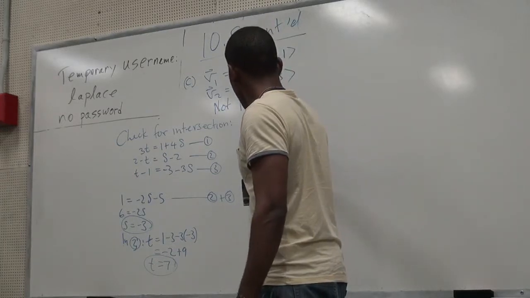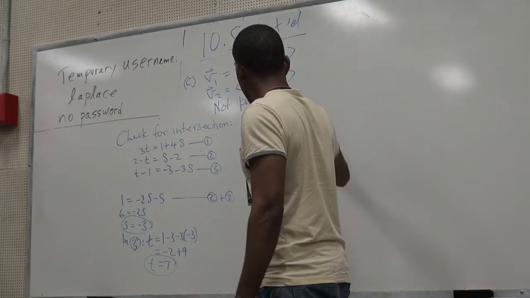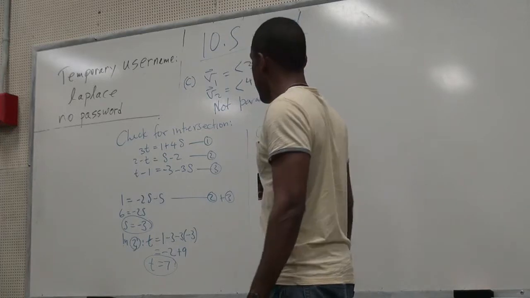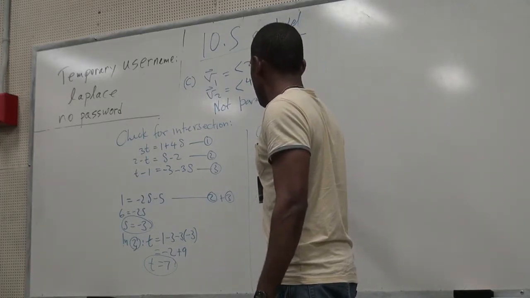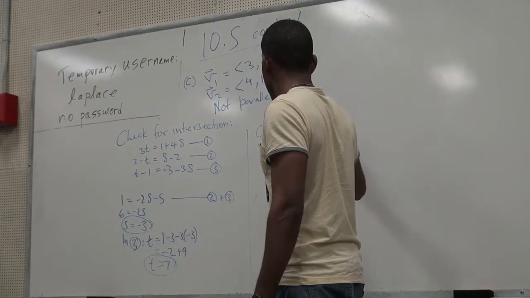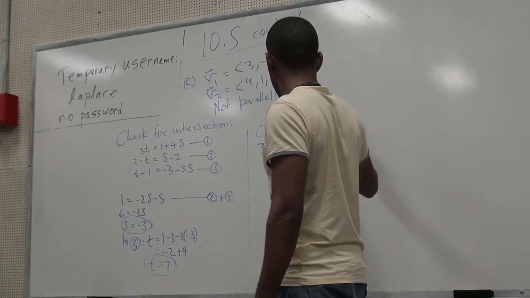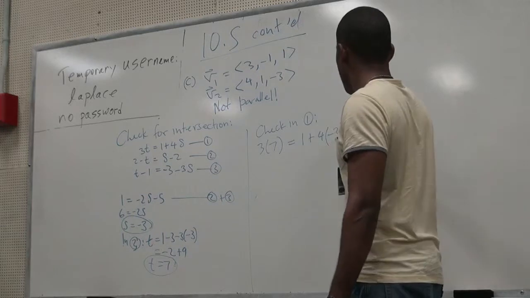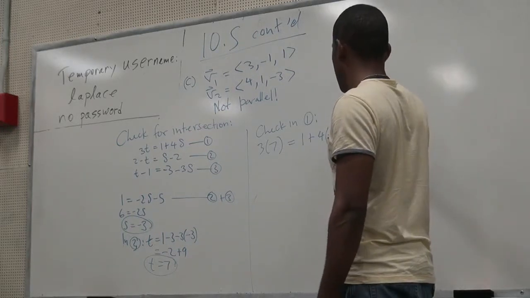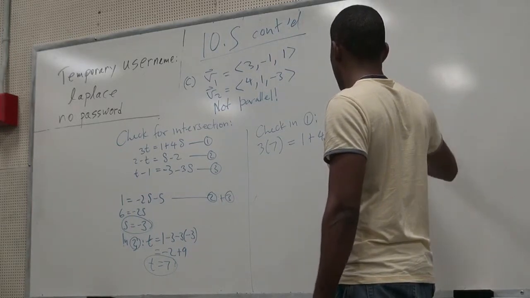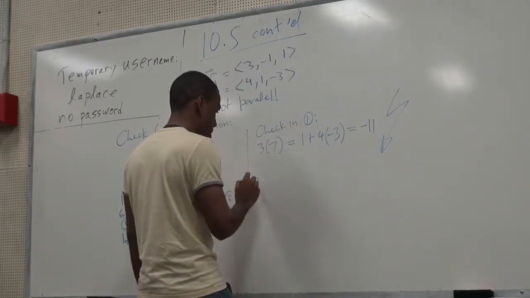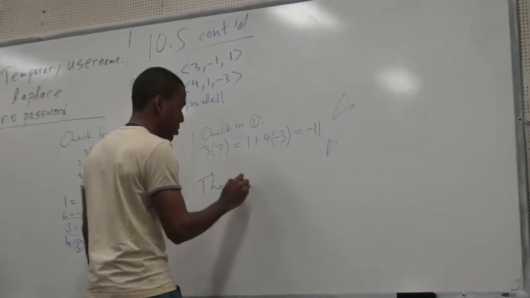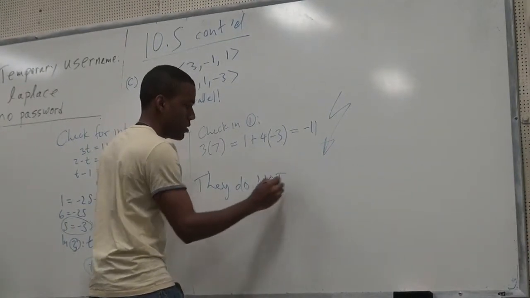And so check in equation 1. Now if I plug in t equals 7, I get 3 times 7 is equal to 1 plus 4 times s, which is minus 3, which is equal to minus 11. Contradiction, right? They do not intersect.